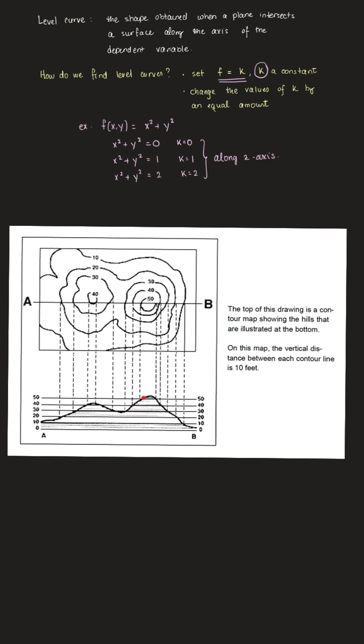At 50 feet, we can see the second peak of our mountain range or hilly range. And you can see that the circle closes much more quickly, because it would take us a lot less time to travel along the terrain at 50 feet high than when we were traveling at 10 feet high. So we can see on our contour map that at 40 feet and at 50 feet, or maybe a little higher, we're getting peaks of our terrain.